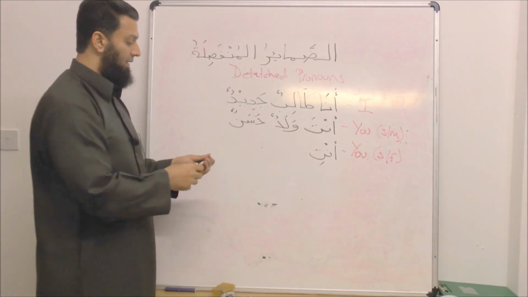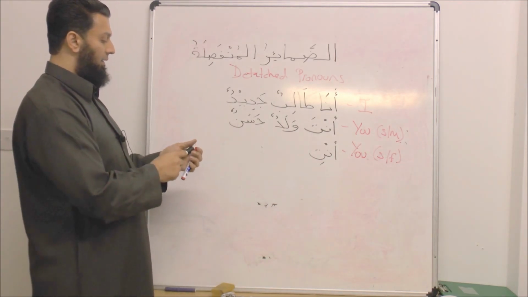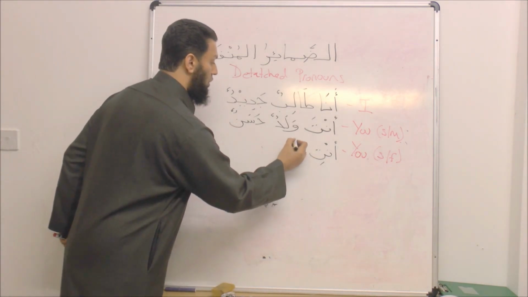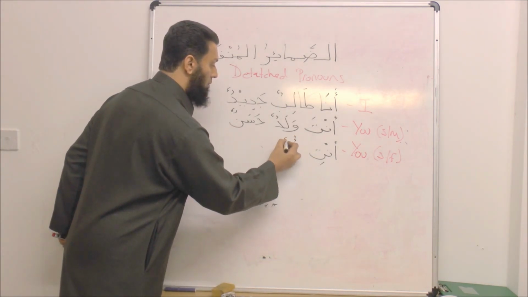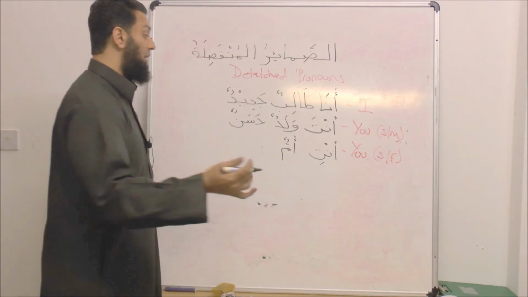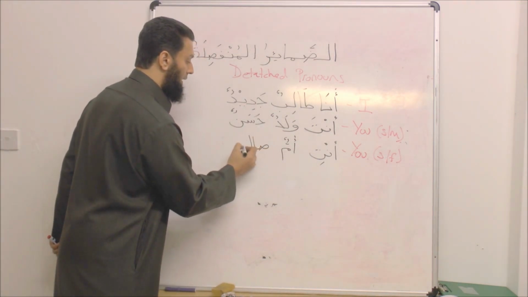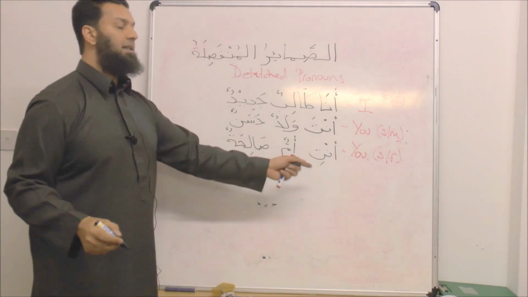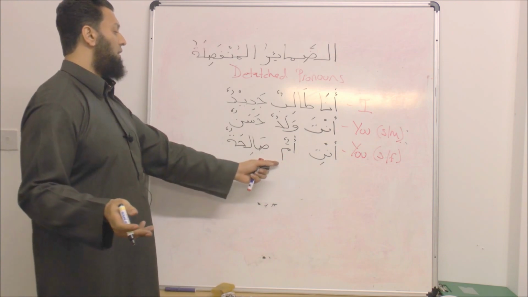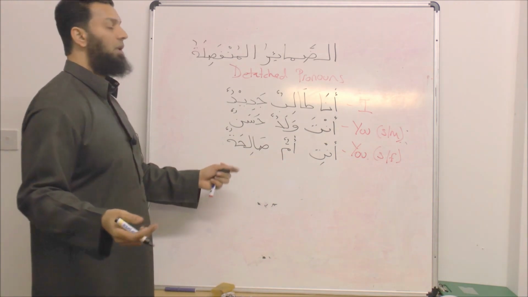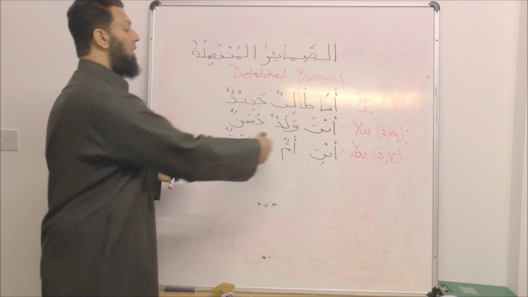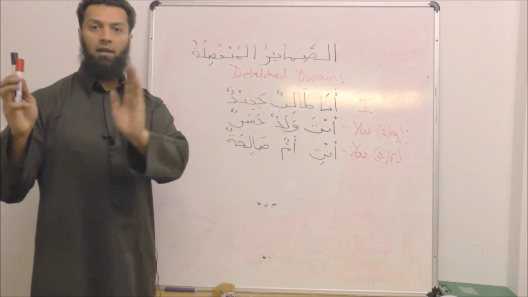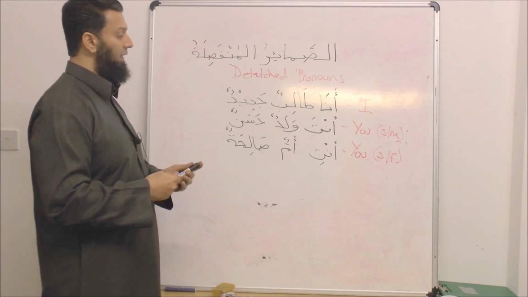But to construct a sentence, if you're speaking to your mother, for example, you could say anti ummun salihatun. Anti, you, ummun, a mother, salihatun, righteous or pious. You are a pious mother. So, anti, if you're speaking to a single female.